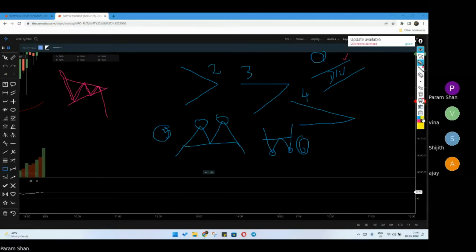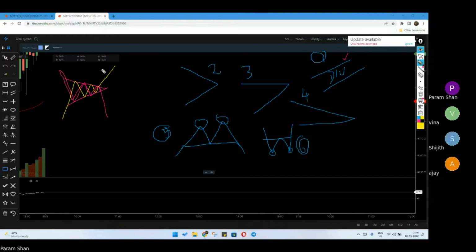The same thing can be seen on the opposite side also, meaning when the stock is coming up from the down, it can touch here, touch down, touch here, touch down, or it can break out. So the symmetric triangle can be seen in either breakup or breakdown.